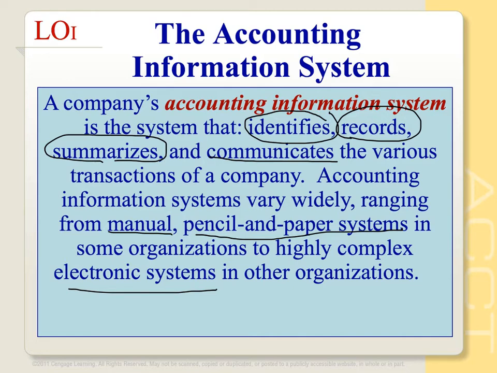I'm sure many of you have maybe heard of a system called QuickBooks, and that's exactly what it is. Intuit has put this accounting information system into a really simple way to enter your data in a computer and spit out financial statements.